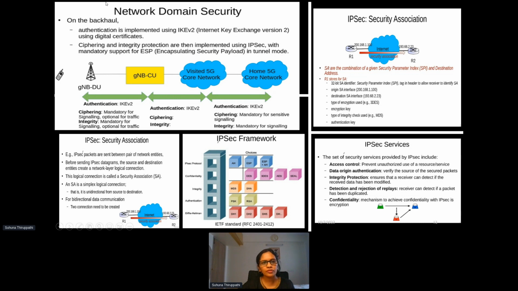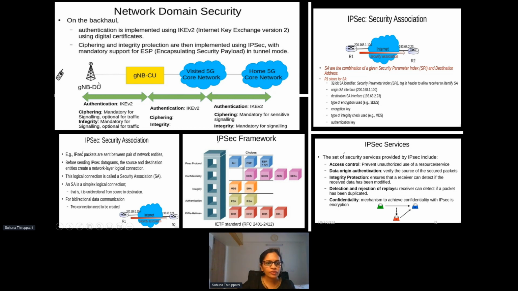There, from the network access security, we have seen using the 5G AKA procedures, the keys have been generated and public key cryptographic encryption has been used. But here, IKE is used for the authentication, and ciphering and integrity protection are also implemented using IPsec.